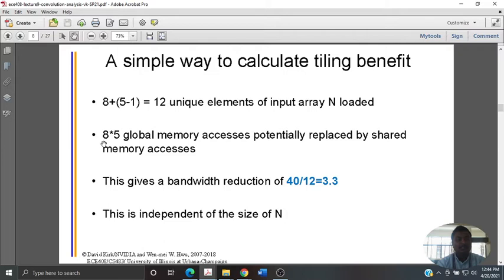So that's where 3.3 came into existence. Now he is showcasing the entire array, the Gaussian kind of utilization of the elements that are being loaded.